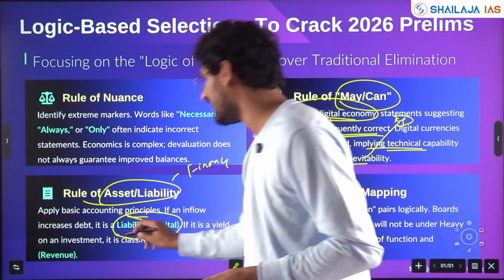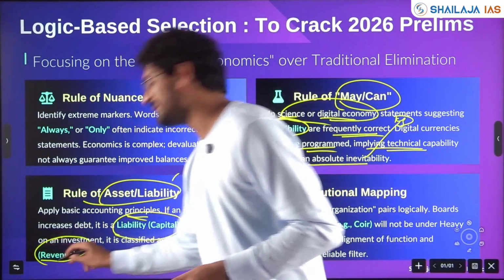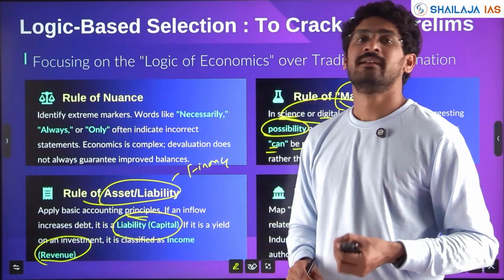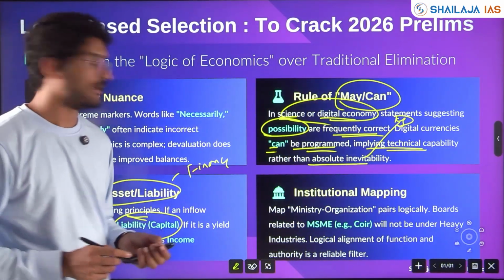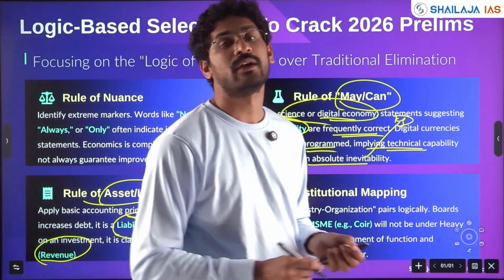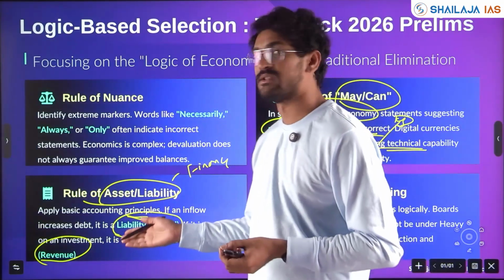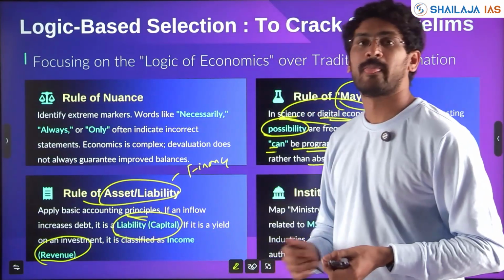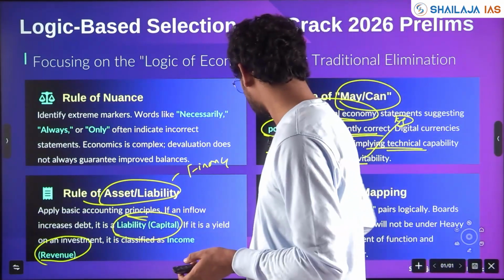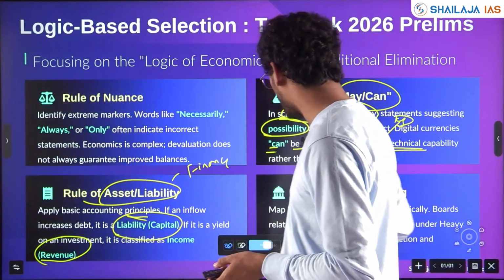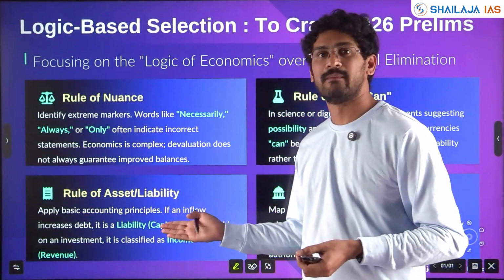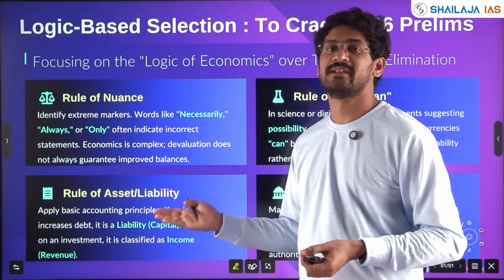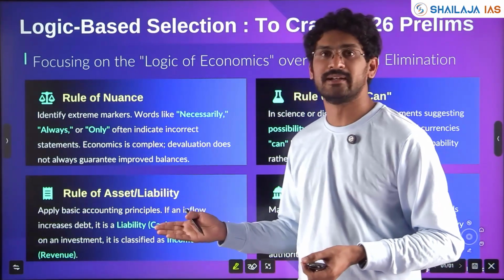So you should know what is liability, what is asset, what is capital expenditure, what is revenue expenditure, what is capital income.